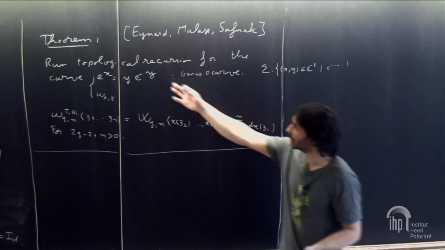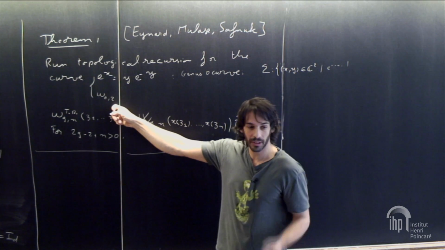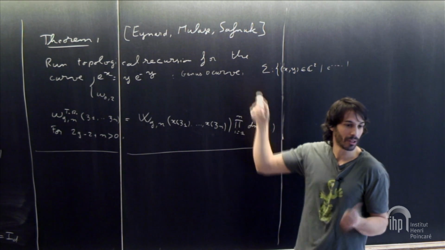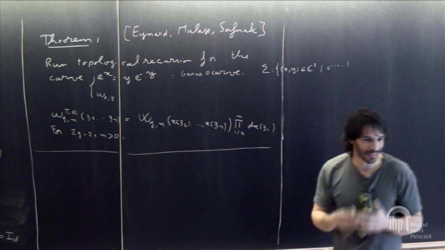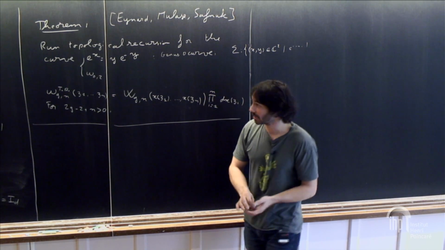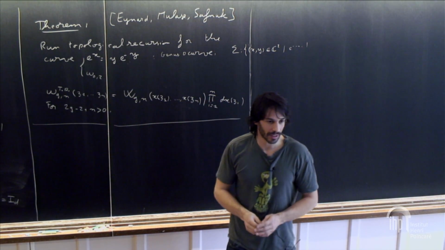So I've got a parametrization of my curve. Omega 02 is an object which is intrinsically associated to sigma. It doesn't know about x and y. So yeah, it's the other way around. Omega 02 doesn't know anything about x and y. Omega 01, in some sense, knows about this relation.